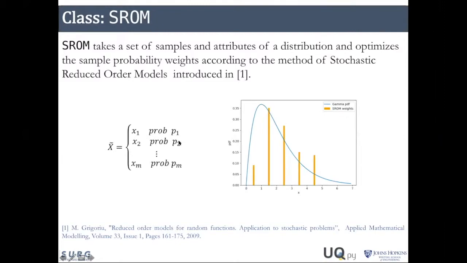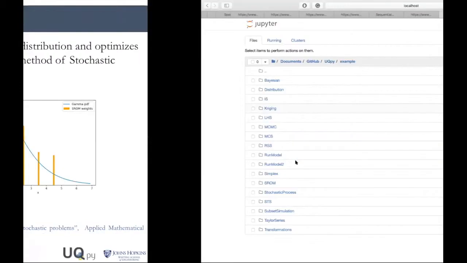Here x1, x2, ..., xm are the m samples, and the return from the SROM class will be these probability weights. As seen in this figure, for a gamma distribution, you send in 5 samples and define the attributes of the gamma distribution. The return of the SROM class will be these 5 weights corresponding to each sample.